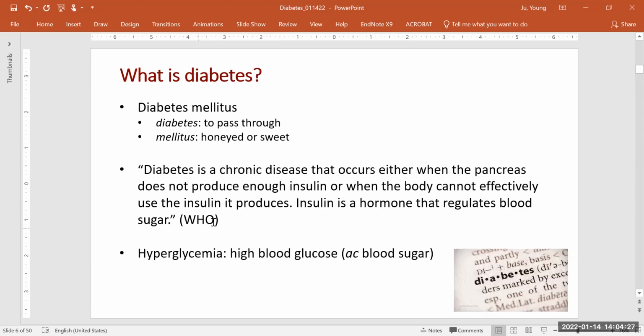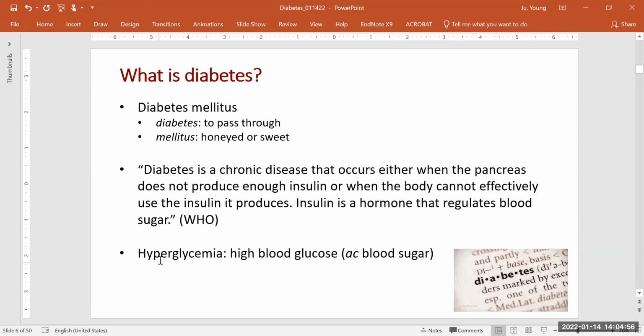So the World Health Organization defined diabetes as a chronic disease that occurs either when the pancreas does not produce enough insulin, or when the body cannot effectively use the insulin it produces. And insulin is a hormone that is released from the pancreas and regulates blood sugar. We're going to come back to the pancreatic function later.